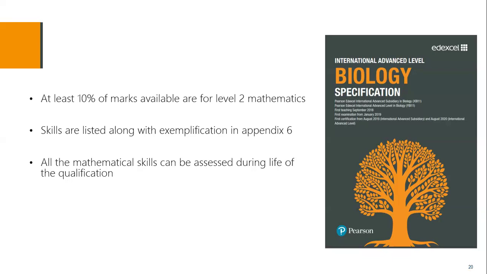So if you look at Appendix 6 in the specification, or you go back and look at Appendix 6 afterwards, that lists the mathematical skills that are required. It gives examples, but the assessment of mathematical skills is not limited to the examples provided.